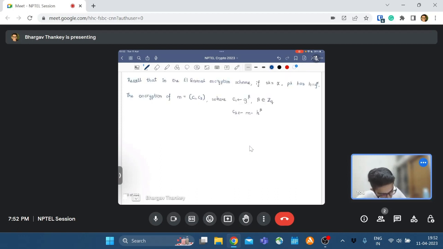Now here's what we can do. Choose gamma random from ZQ. Set C1 prime to be C1 times g to the gamma, and C2 prime to be alpha times C2 times h to the gamma.